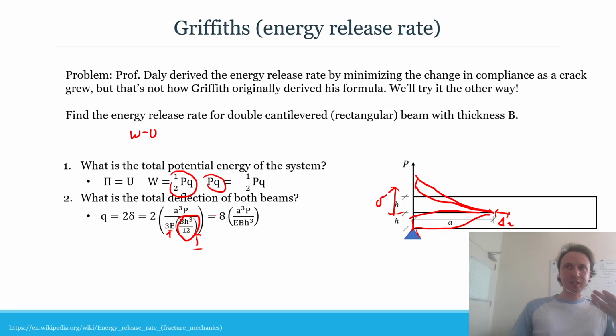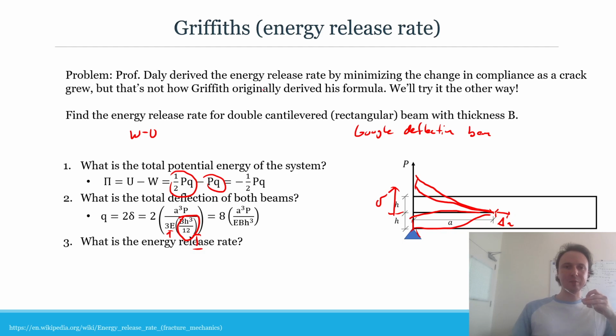If you have a problem like this, which you most likely wouldn't on the exam, but there is one later on in the homework, I think, you just sort of Google the formula for deflection of a beam. And then in this case, we're multiplying it by 2 because it's 2 beams. So we have that, the Q, and then it's pretty easy from that point.